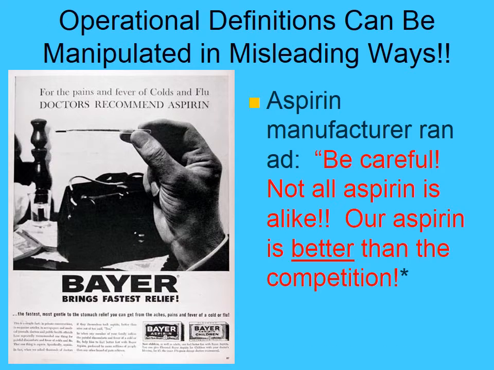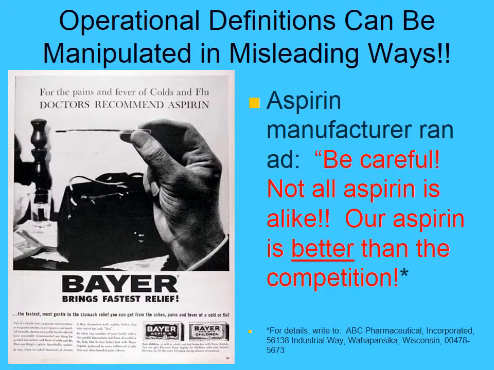Now, I think it's pretty easy to understand that operational definitions are very manipulable, and that this manipulation can sometimes be very misleading. I have a real-life example on the slide here. A manufacturer of aspirin ran a television ad saying, be careful, not all aspirin is alike. Our aspirin is better than the competition.